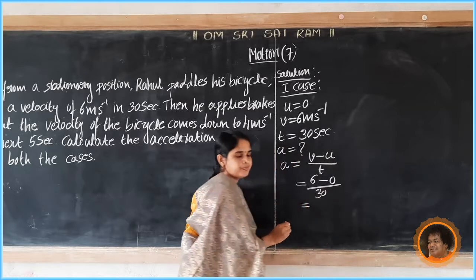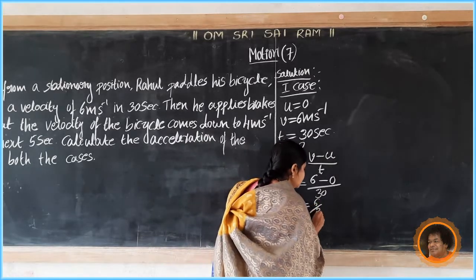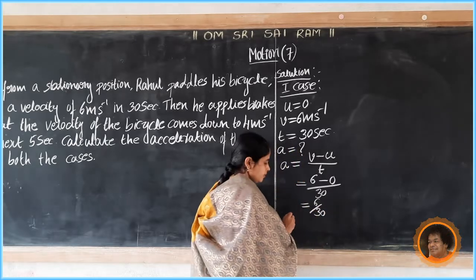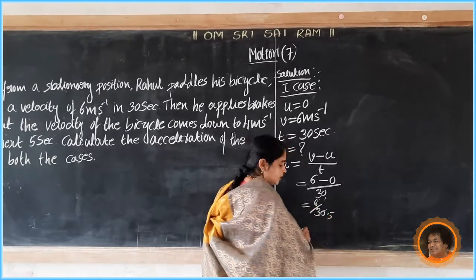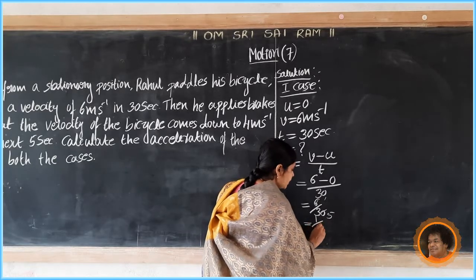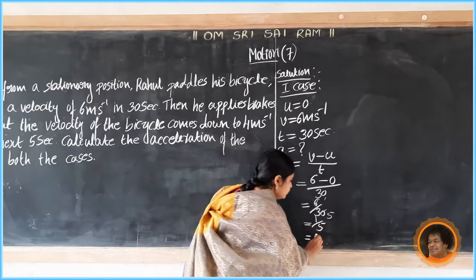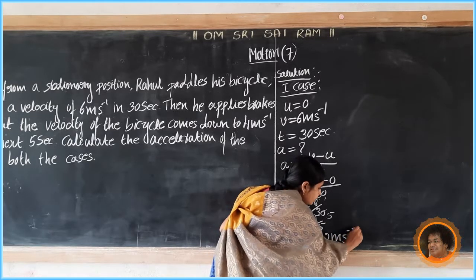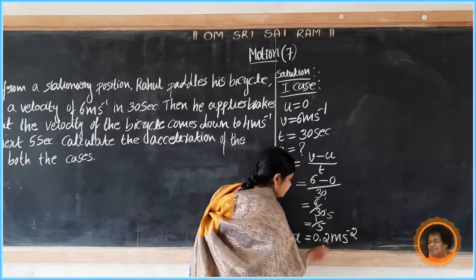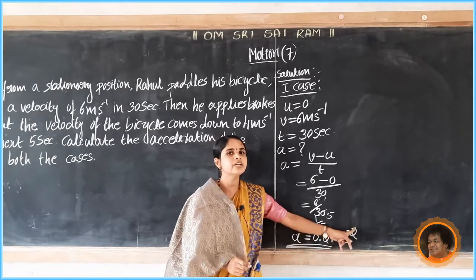That equals 6 minus 0, value 6, so 6 by 30. 6 ones are 6, 5 sixes are 30, so it equals 1 by 5, and that value is 0.2 meter per second squared. So in the first case, acceleration equals 0.2 meter per second squared.